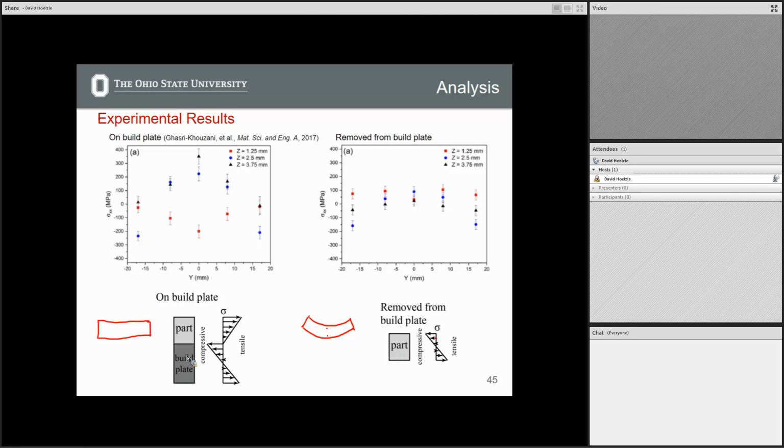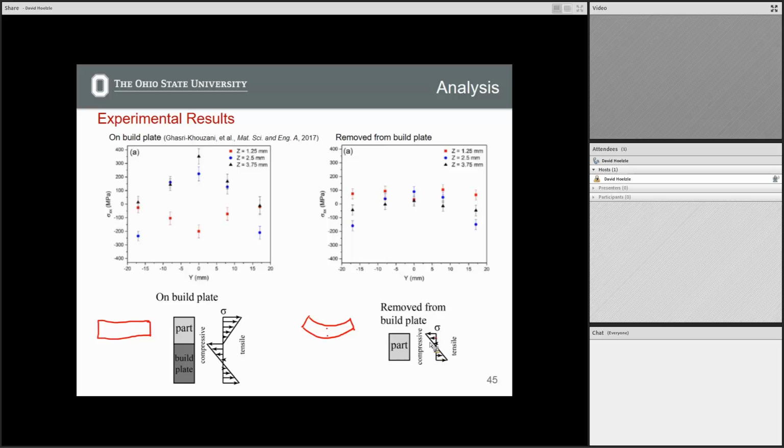This should probably be taking up a larger portion of this. But we should have equilibrium where all these positive and negative compressive stresses balance each other out. When we remove it from the build plate, the build plate no longer comes into play, right? It is now two separate structures. And so you have to have a balance in the stress here.